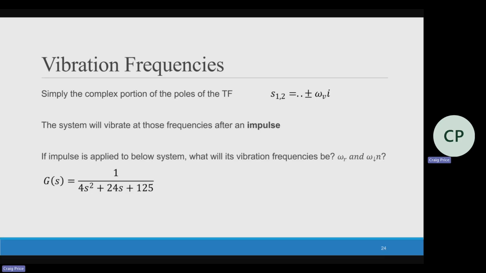So you can use either the quadratic formula, or you can use your calculator. The goal to find vibration frequencies is to find the roots.